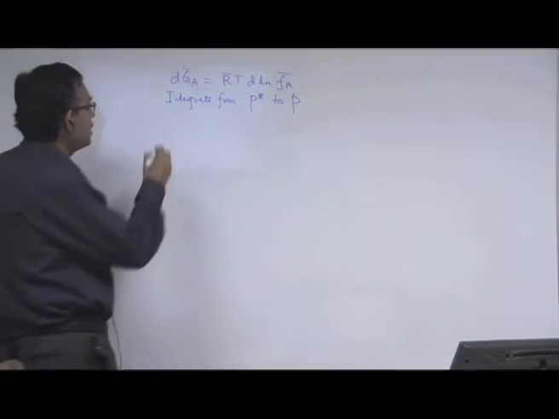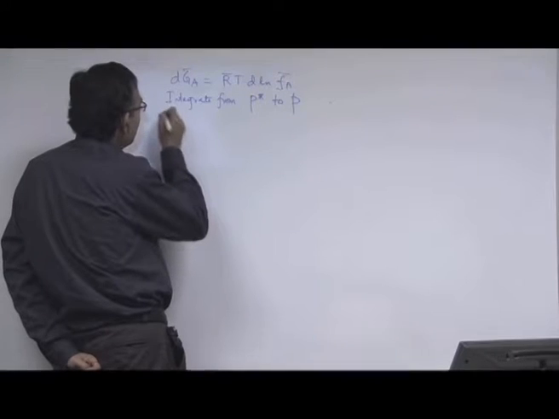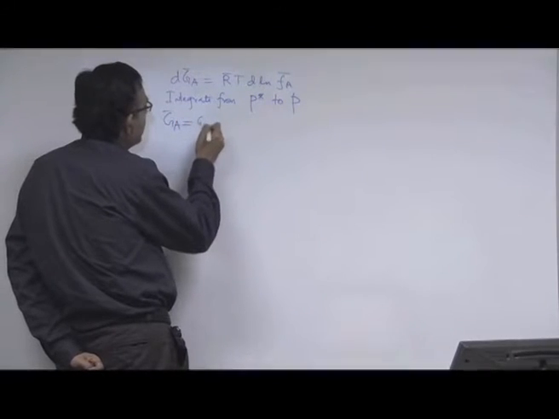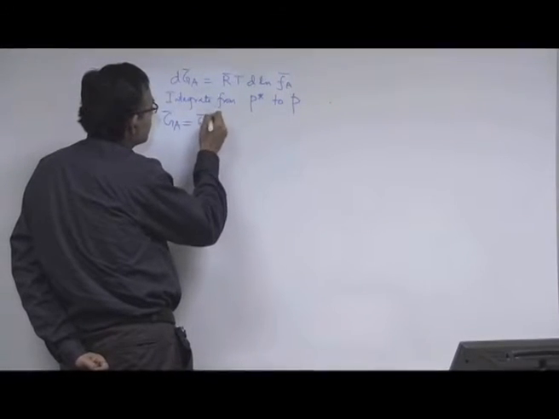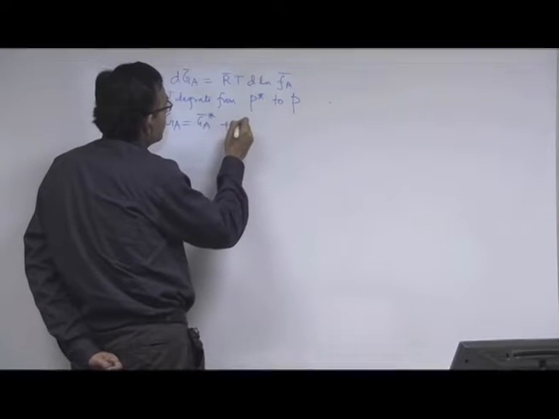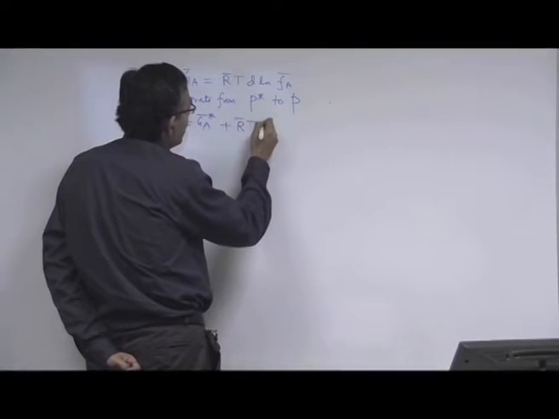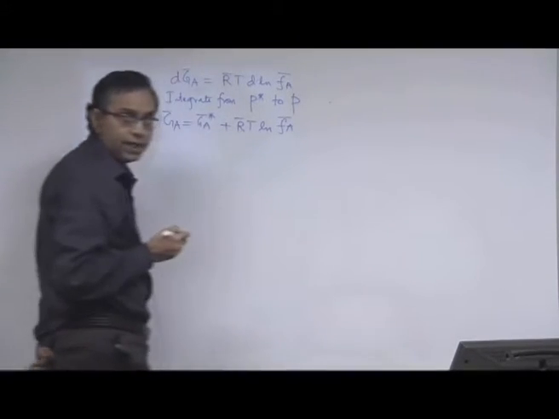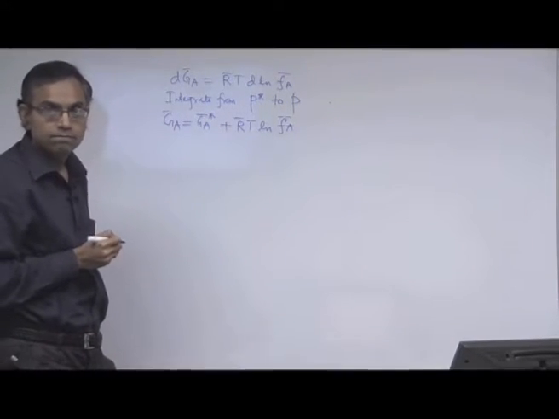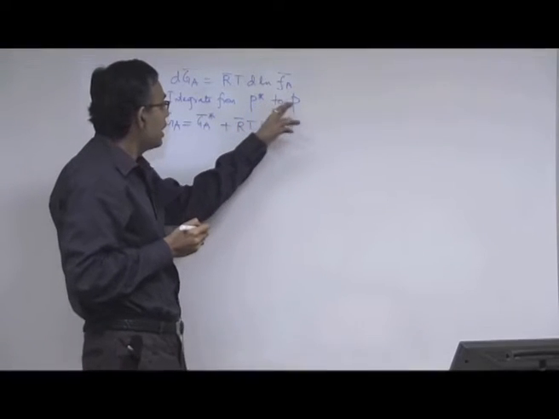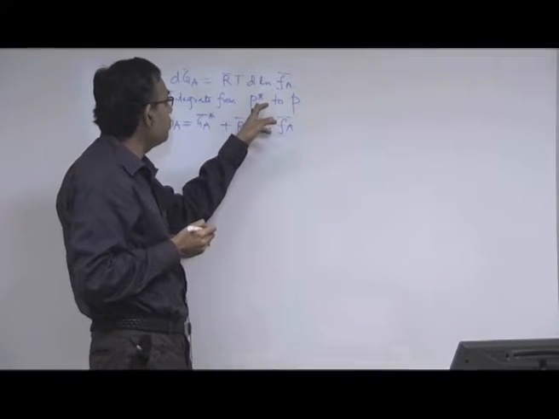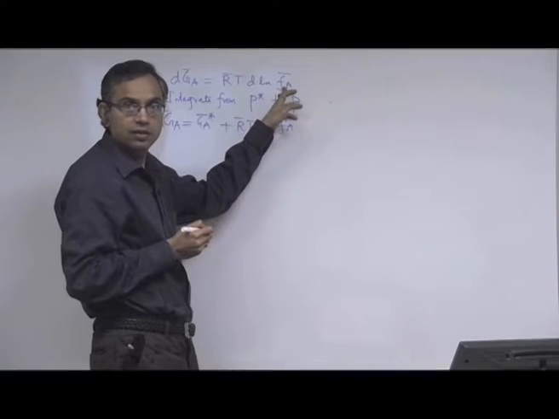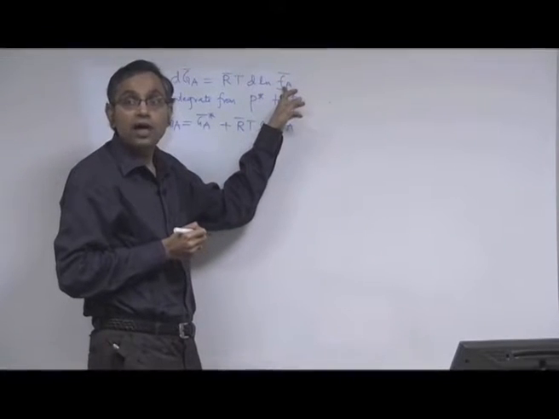So if you do that, you will get G bar A equal to G bar A star plus RT ln of F bar A divided by, yes, at P equal to P star, what is F bar A? YA P star.